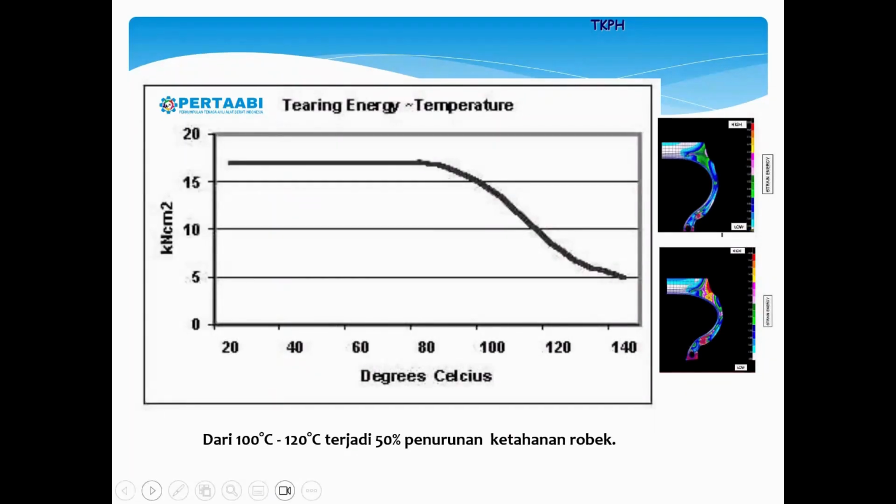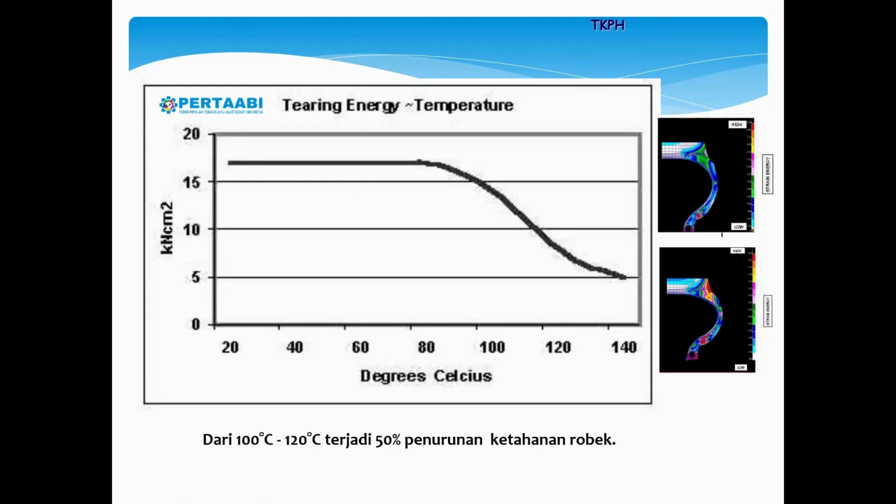And this one is tearing energy, which mostly comes into the tire, because tearing means robek in Bahasa. Maybe you have heard of some rock or sharp object cutting the thread and tearing the tires.